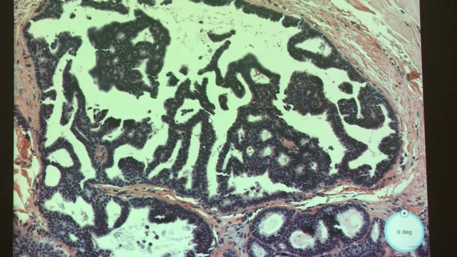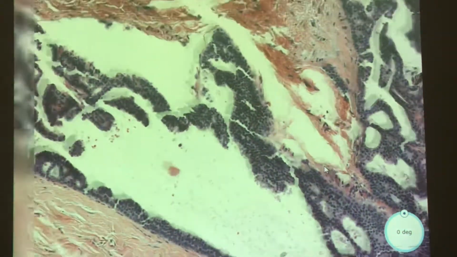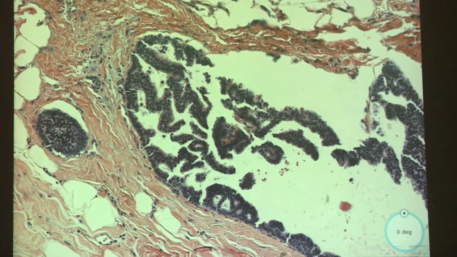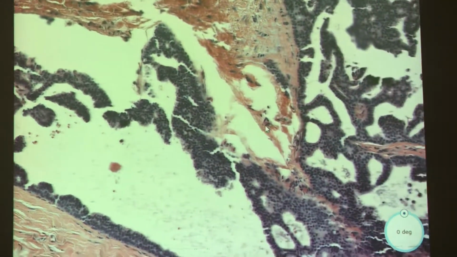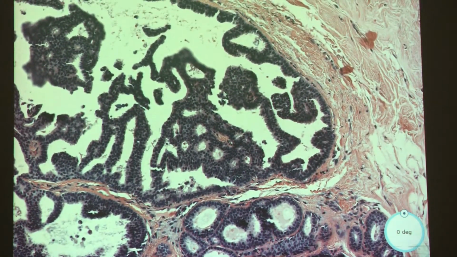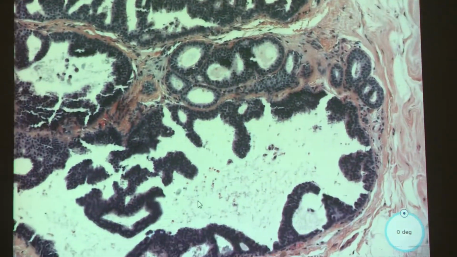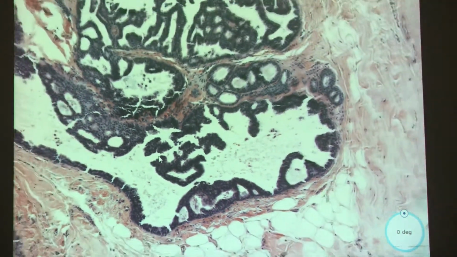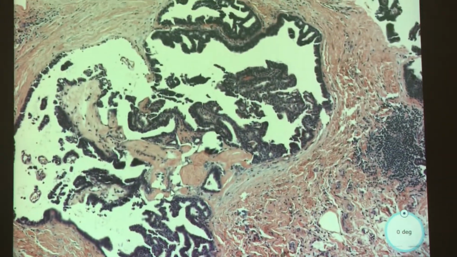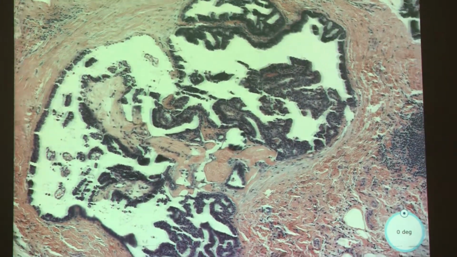And this area looks more papillary. There's some papillary areas. I don't know if there's any solid, maybe. It's kind of pushing it here, but no, not really. Nothing looks overtly solid. Not quite. No. So I agree with that.